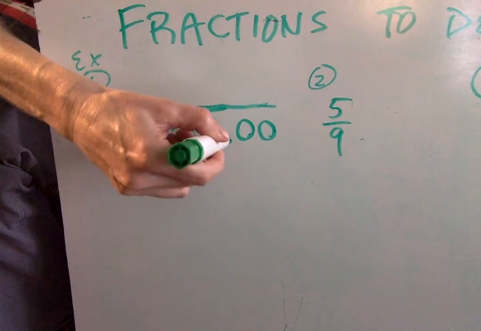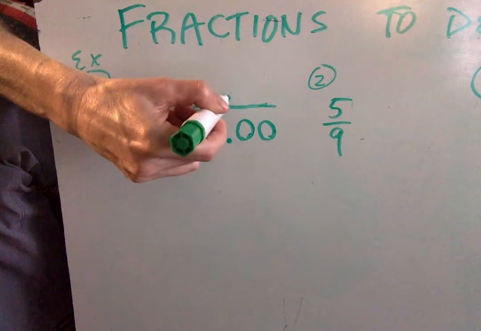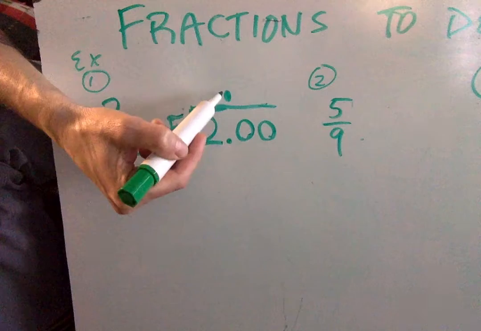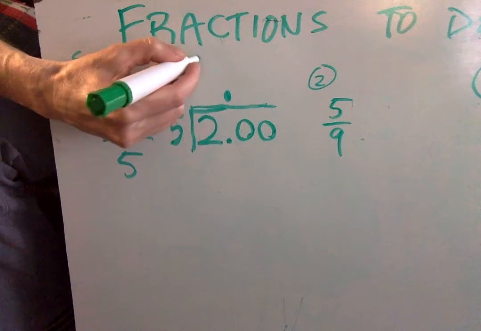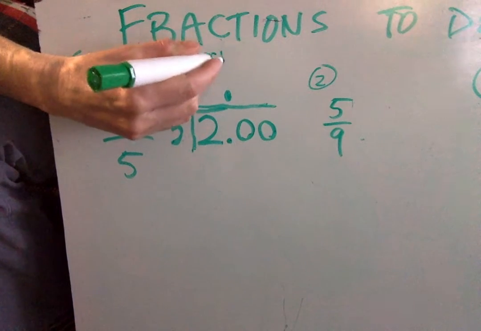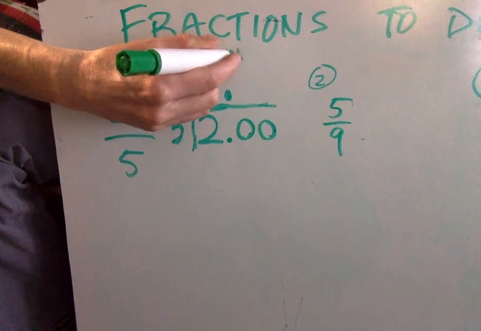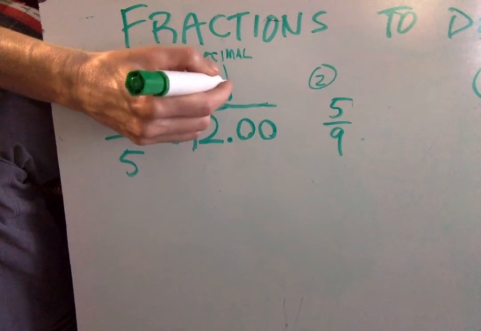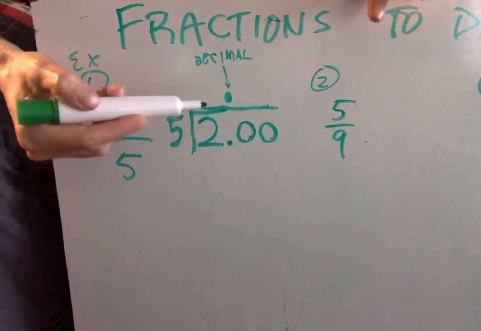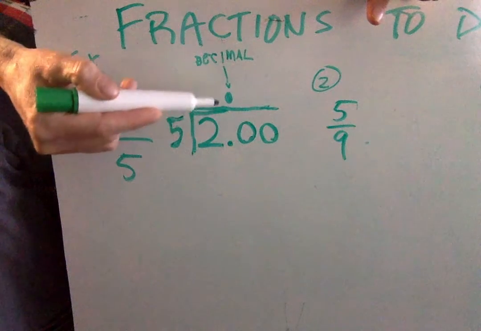So you mirror this up here. This is your decimal. Don't forget that. On this side is the whole part.